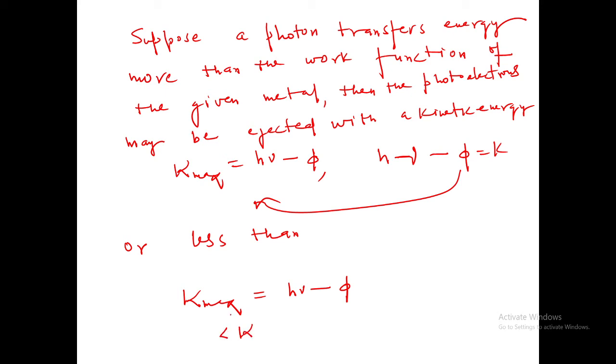ranging from 0 to h nu minus phi. On the basis of this discussion, Einstein photoelectric equation may be written as h nu minus phi is equal to Kmax, and h nu is equal to phi plus half m v max squared.